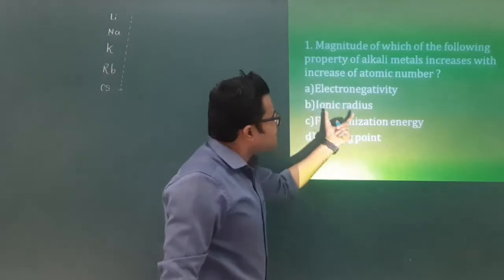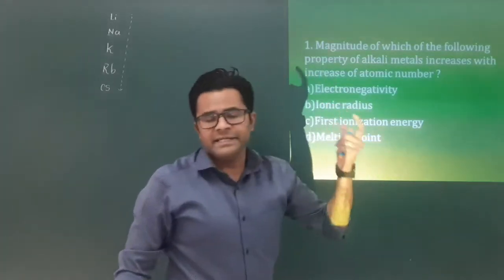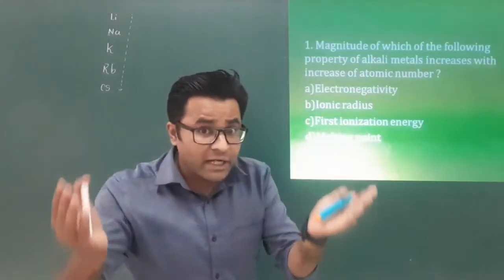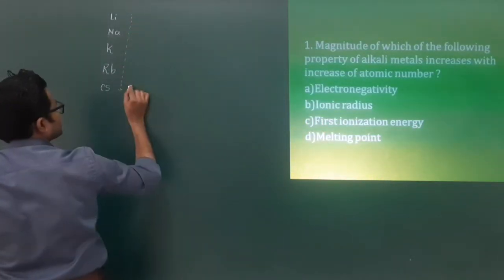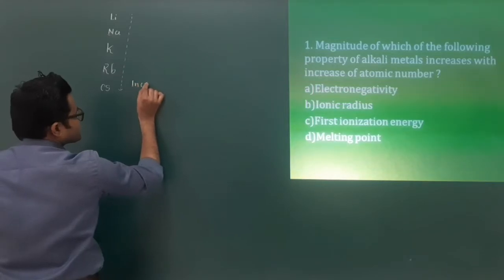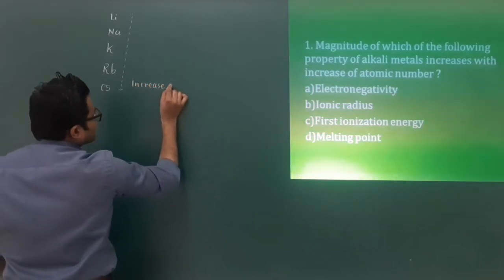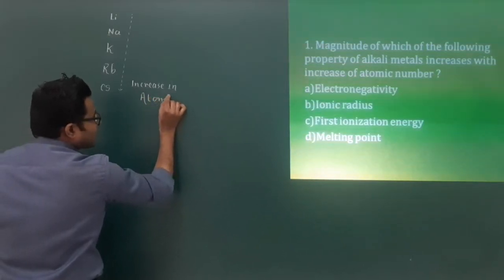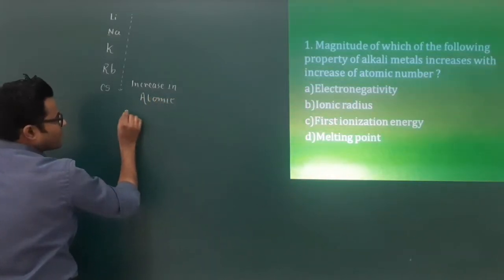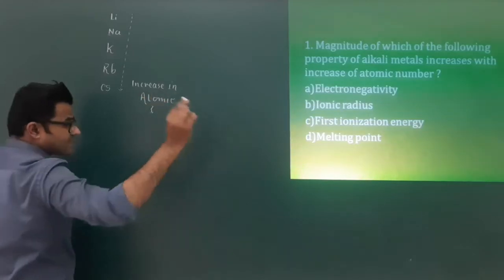Second one is the ionic radius. Now, the size of an atom goes on increasing with increase in atomic number, right? So as atomic number is increasing, what we know is it is directly influencing the size.